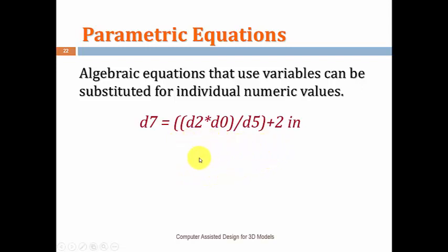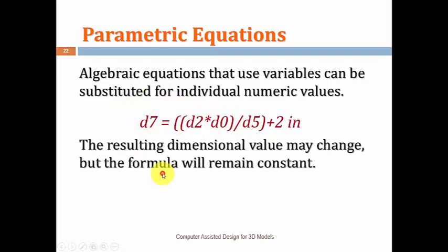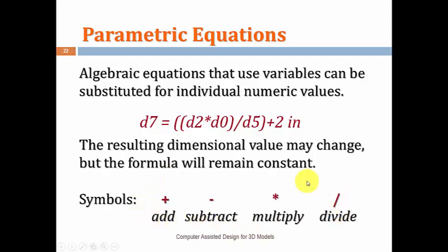For example, I want the width to be always equal to d2 times d0 divided by 5 plus 2 inches. For example, I want this dimension. So whenever we change anything in these dimensions, this will be updated automatically. Okay, as we shall see later on. These are the symbols that we can use in our parametric equation. So plus, minus, multiply, divide.